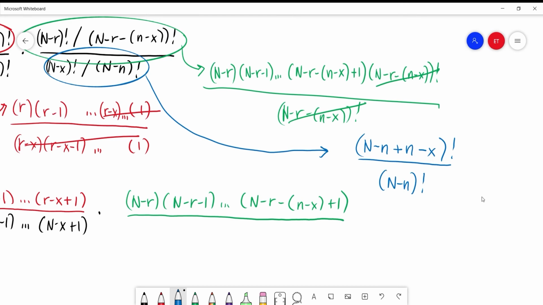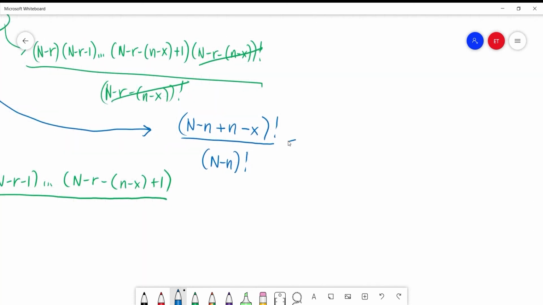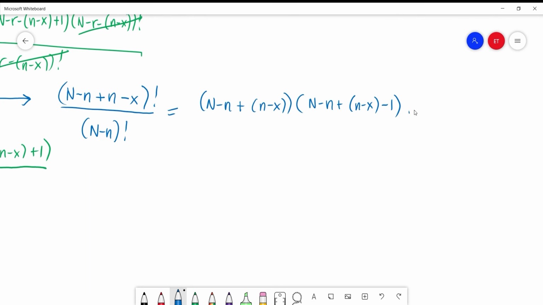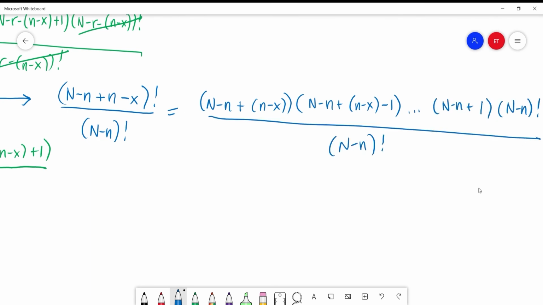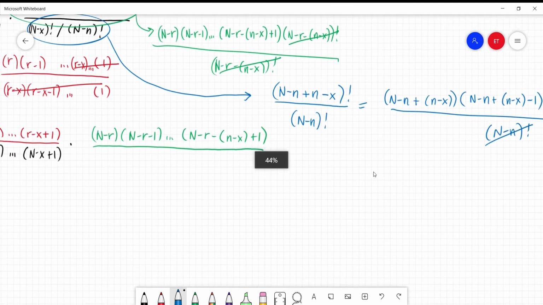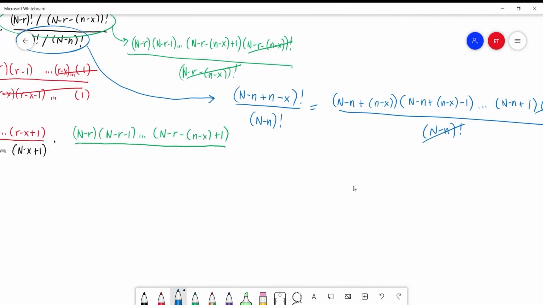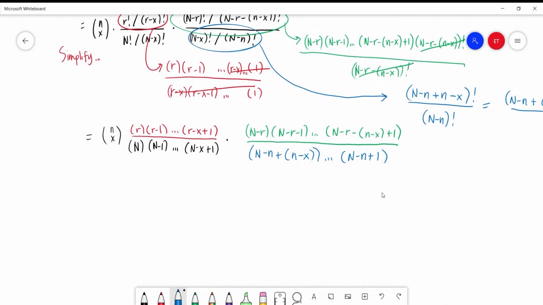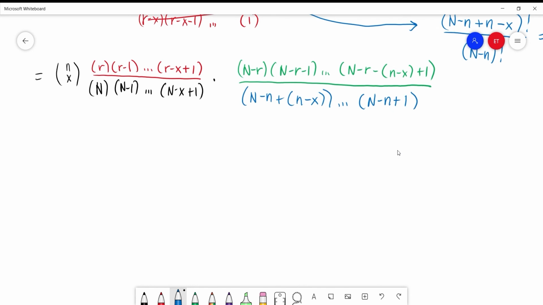So if you would expand this thing, it's going to look like this. There. Dot dot dot n minus n factorial all over n minus n factorial. We can cross out that bit. So now let's rewrite the thing that we are left with. There we go. So we now have this.